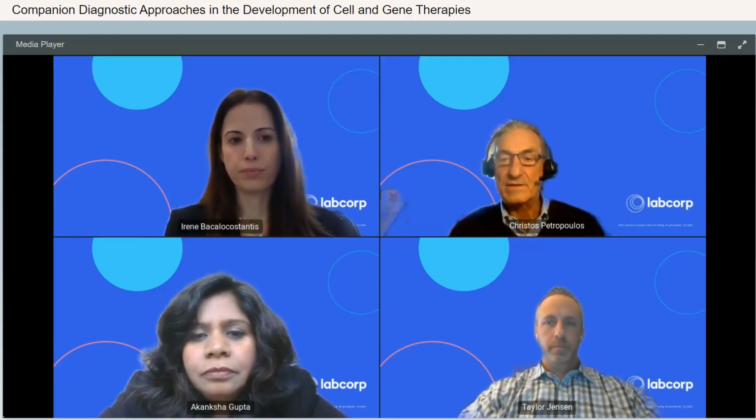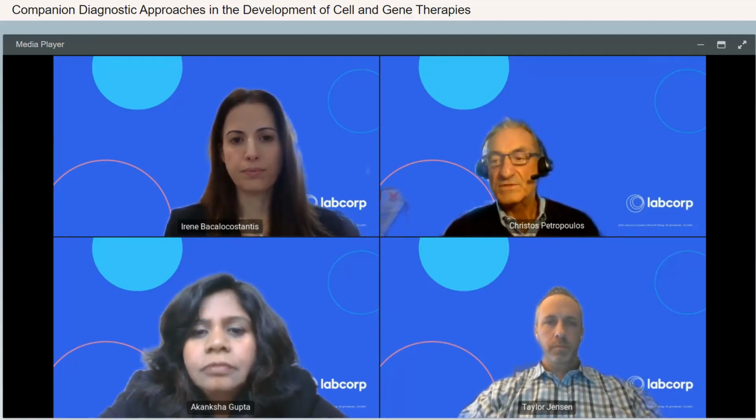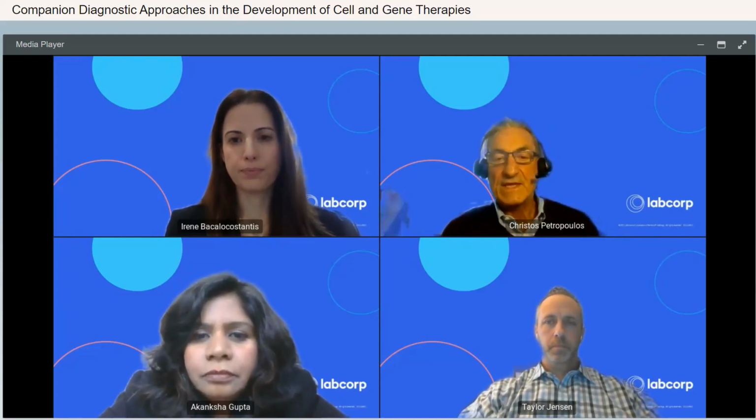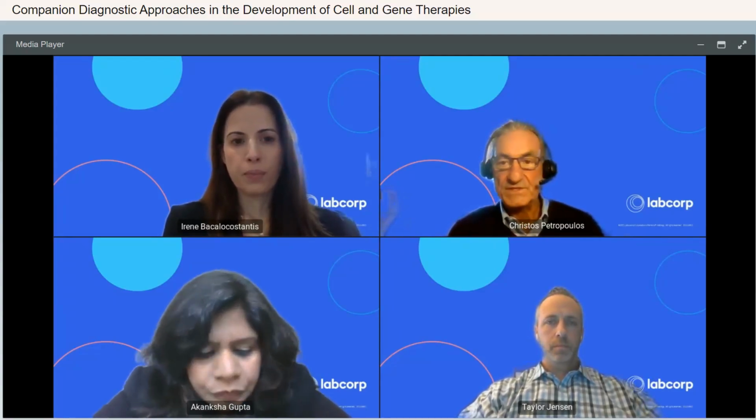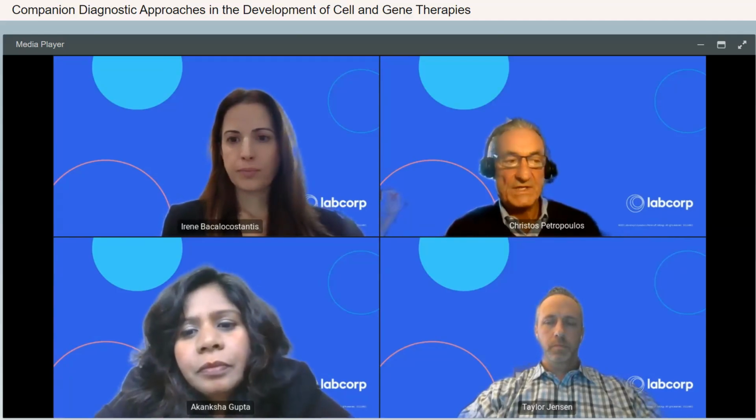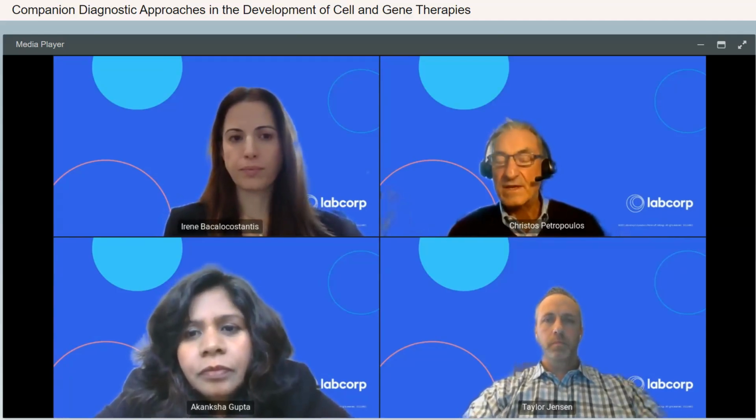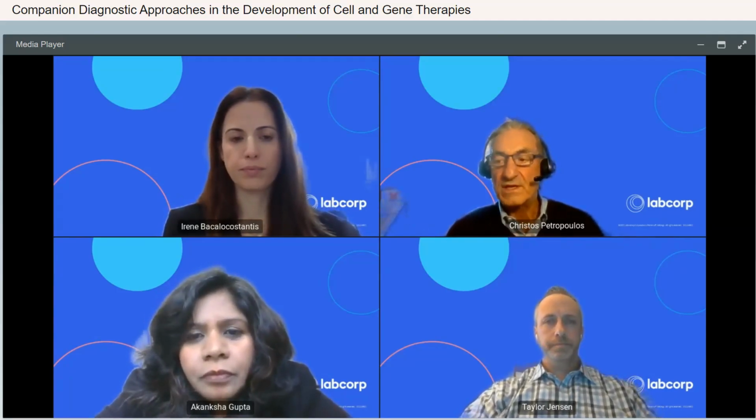So I think for LabCorp, the most attractive model is to develop long-term partners to support each other's programs. Even in the cases where there might be a prototype assay that already exists, and that assay needs to be transferred to a lab that can take it through the companion diagnostic process, it's never going to be a straight transfer.